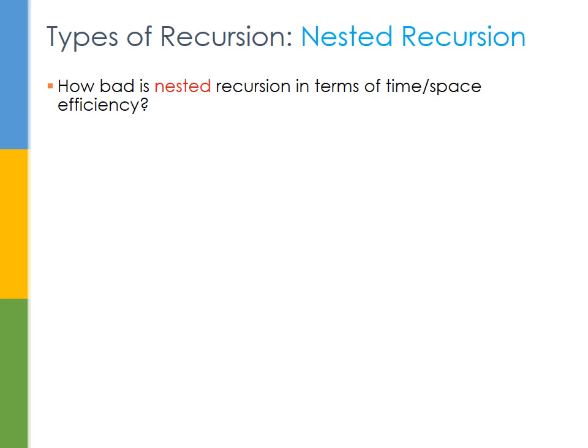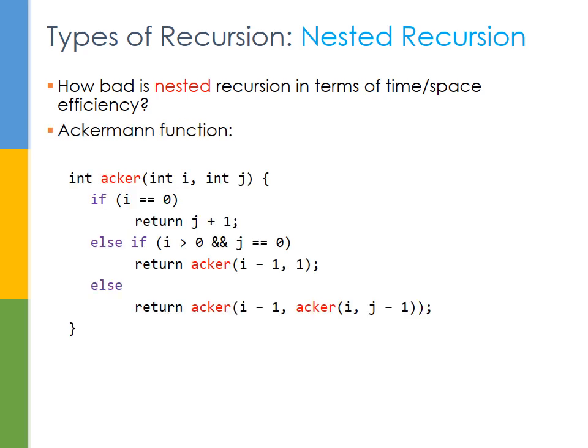Right, so then the question that arises is how bad can nested recursion get in terms of time, in other words, execution time, and space, in other words, memory space efficiency. So in order to illustrate this, we're going to look at a very famous function called the Ackermann function.